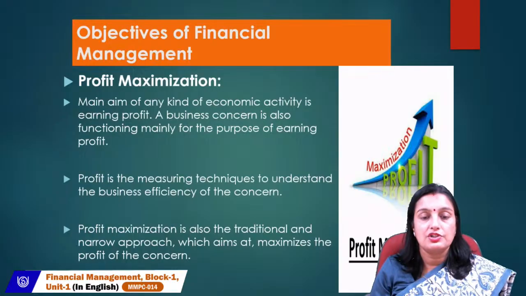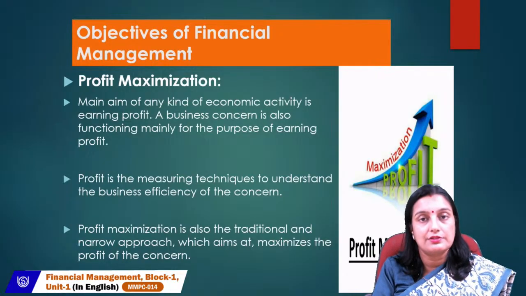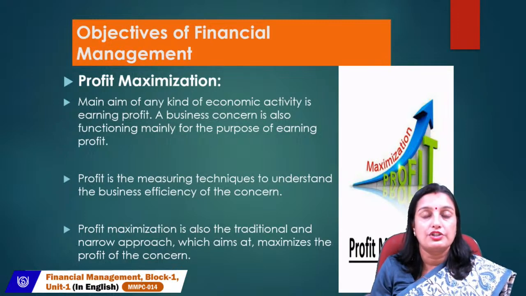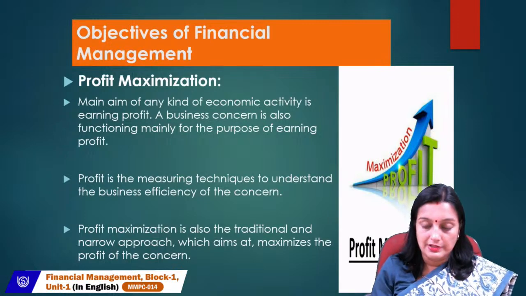Profit maximization is the traditional and narrow approach, which aims at maximizing the profit of the concern. It was the old approach. Another objective has since played an important role and supervised the profit maximization role, which is known as wealth maximization.